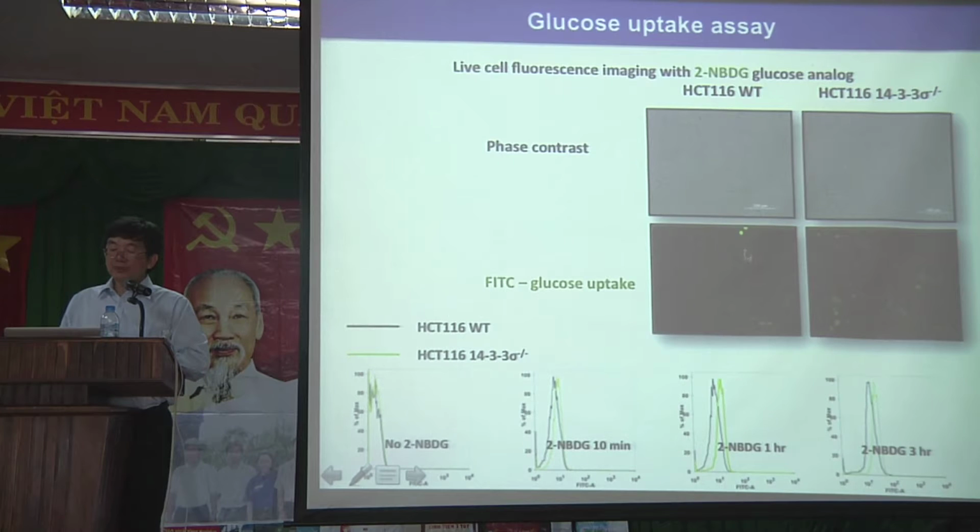This is taken up into the cancer cells through the glucose transporter, and you can see here that with the loss of the 14-3-3 sigma gene, these cells would take up more glucose compared to the wild type cells.